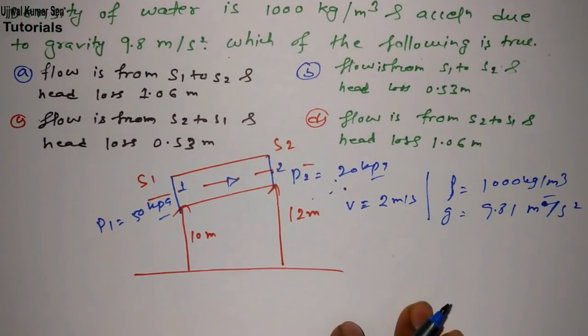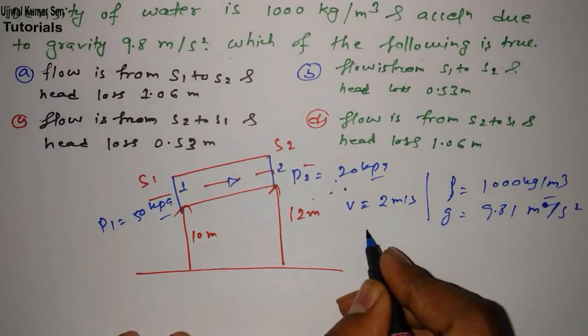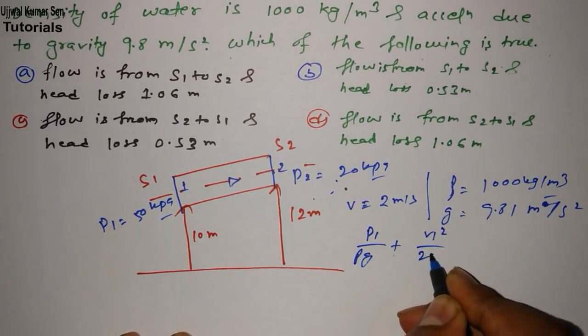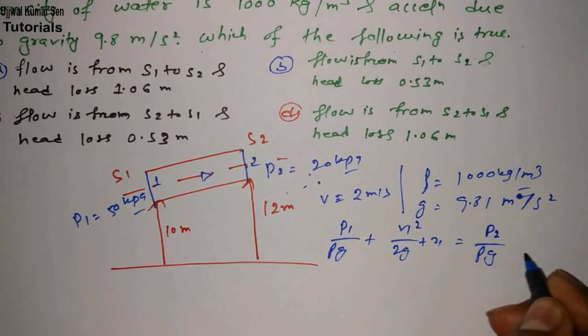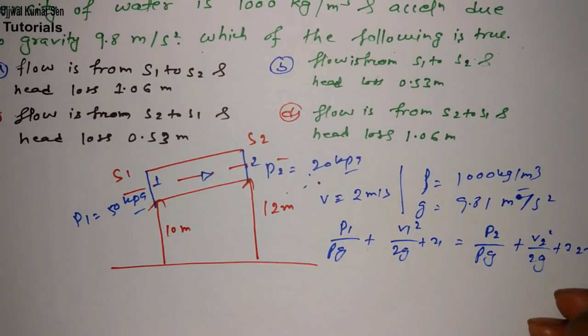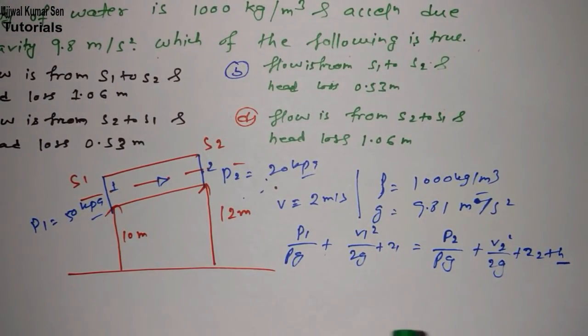Now, as I have already shared with you, the formula we have to use is Bernoulli's equation. By using Bernoulli's equation we can easily find its head loss. So first of all, the formula: P1 by rho g plus V1 square by 2g plus Z1 is equal to P2 by rho g plus V2 square by 2g plus Z2 plus H. This H we have to find from this equation.